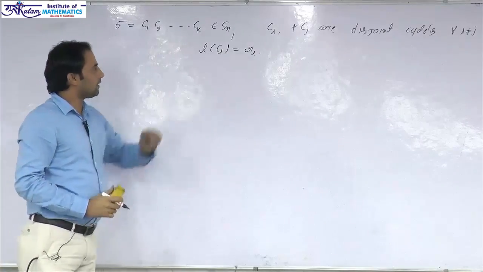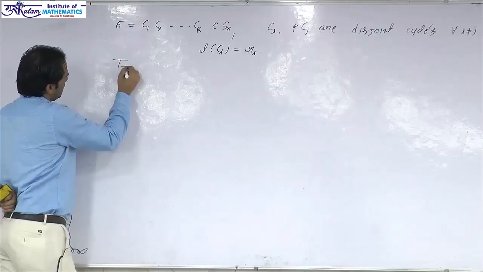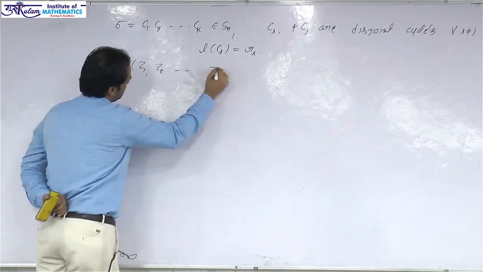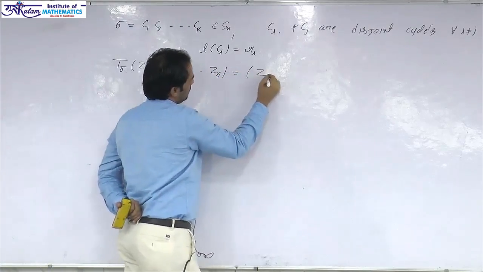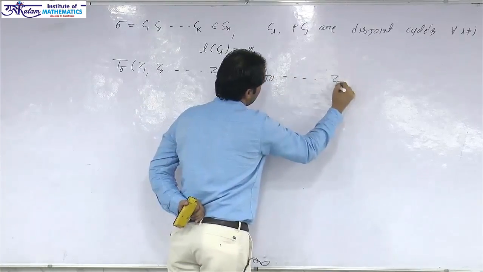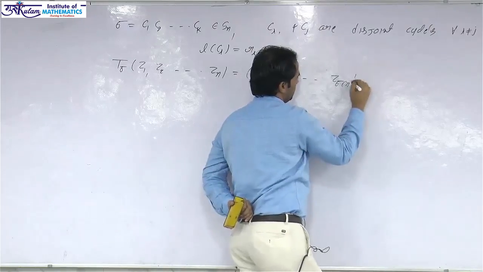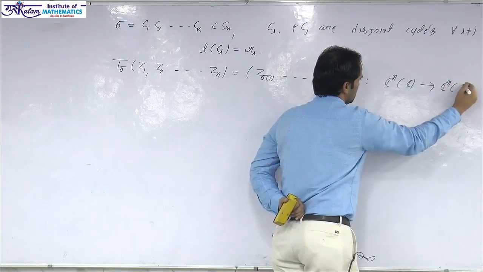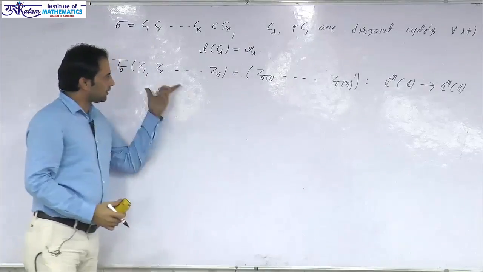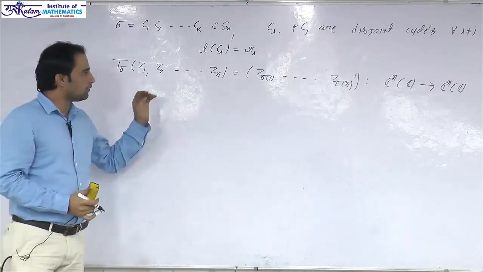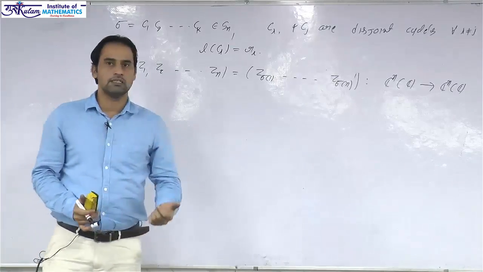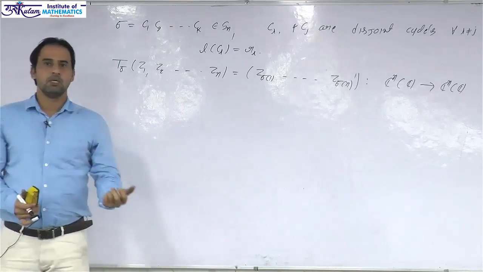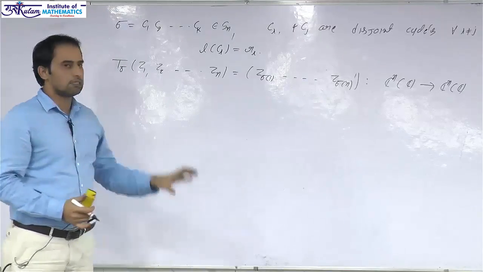Let T sigma be the permutation operator, T of (z1, z2, ..., zn) is equal to (z of sigma 1, and so on, z of sigma n), an operator defined from Cn over C to Cn over C. So now, how to find the characteristic polynomial of this operator, how to find the eigenvalues of this operator, what are the algebraic multiplicity and geometric multiplicity of each eigenvalue, and how to check whether this operator is diagonalizable or not.